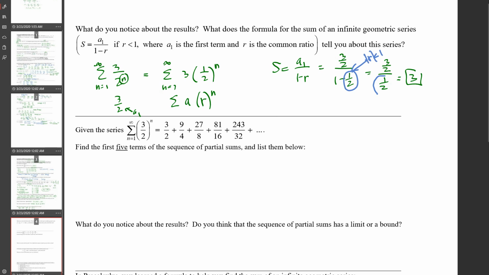So when the absolute value of r is less than 1, you can plug it into this formula and figure out what your series converges to. But when r is greater than 1, this formula doesn't work, and that makes a lot of sense. But why doesn't this formula work when r is equal to 1? I want to take some time to talk about that right now.